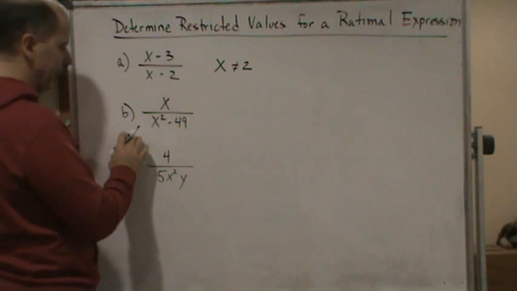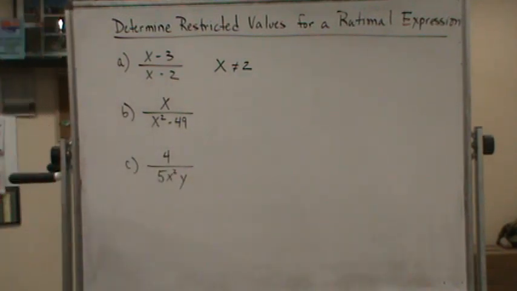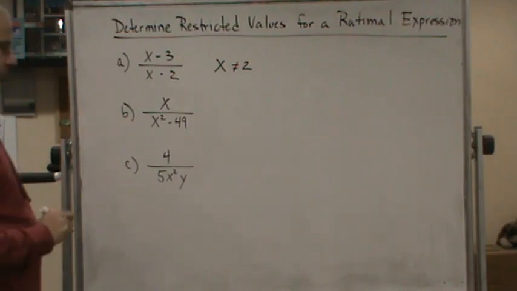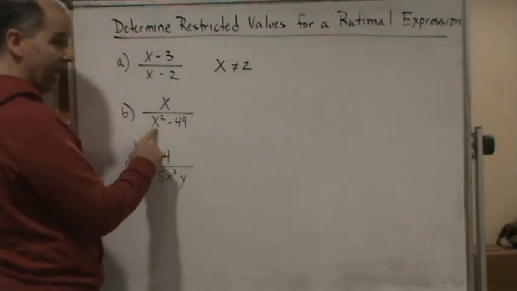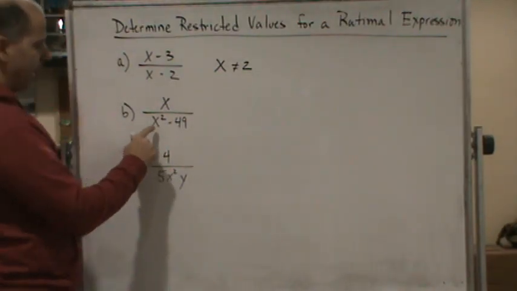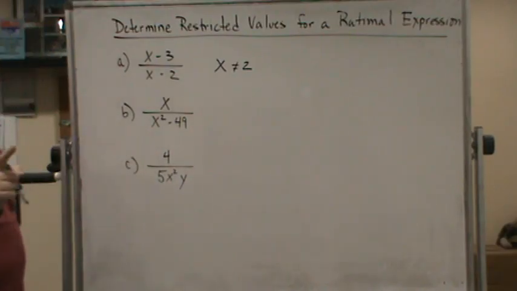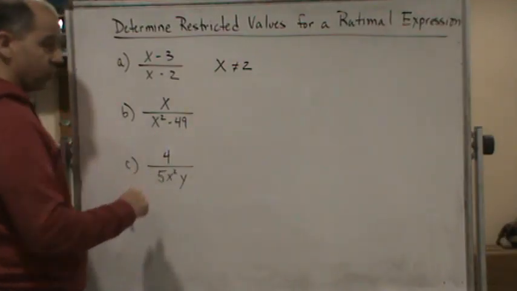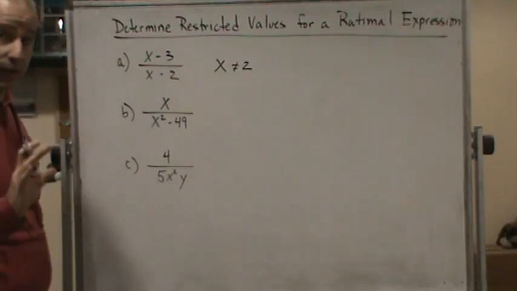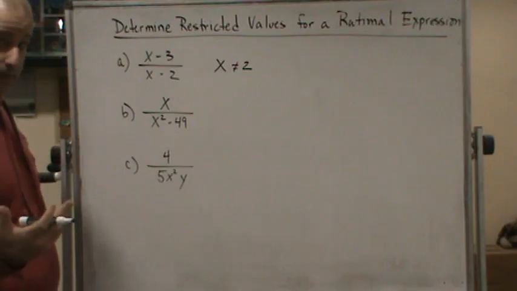Now if we look at B, notice here the denominator is a difference of 2 squares. So you've got to be careful here, because you might say, okay, well, it can't be 7, right? But you'd only be partially correct. So if you factor this, and always look at factoring the denominator if you see it, okay?